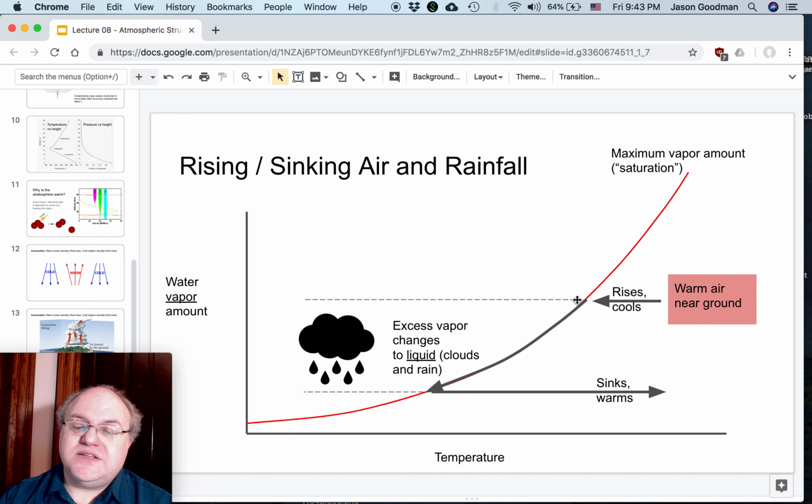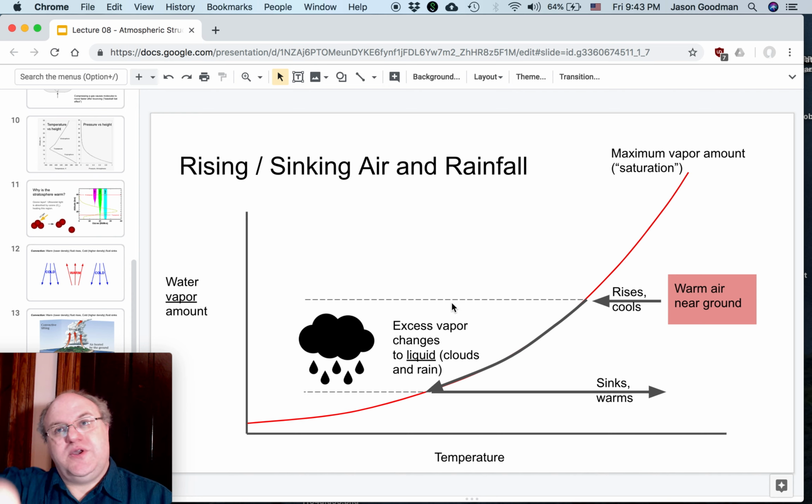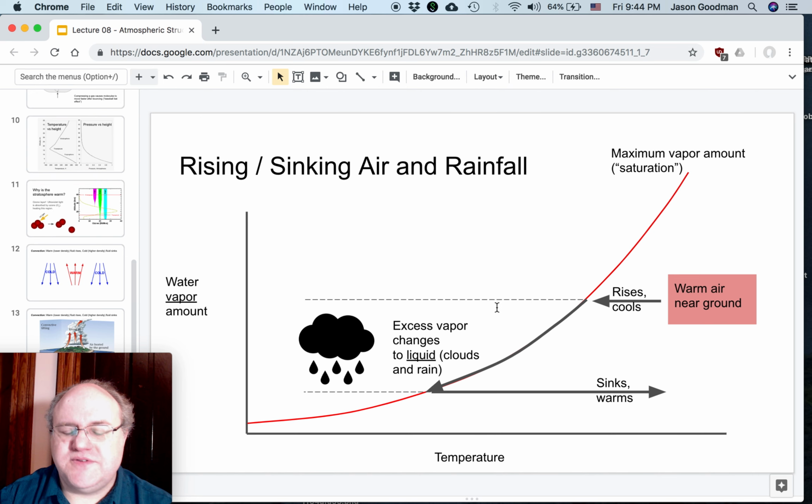And so now we continue to cool, going to the left as we go higher up into the atmosphere. As we cool, we squeeze more of the water vapor out and replace it with liquid. And so we start getting puffy clouds. If this process happens enough and the little droplets get big enough, they turn into rain and fall out of the atmosphere.